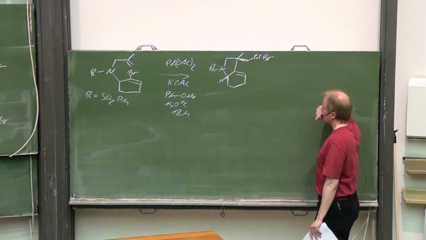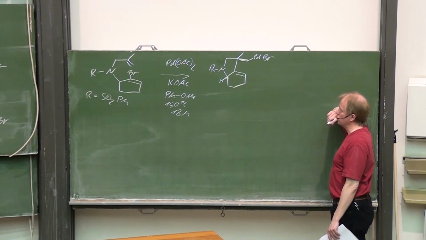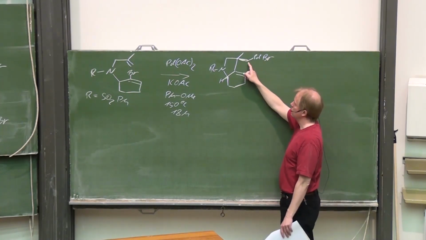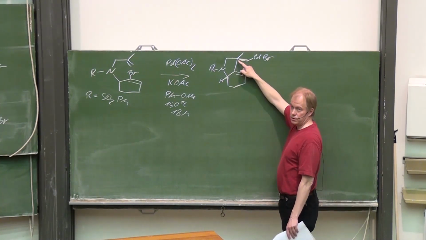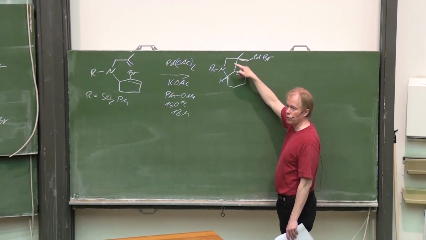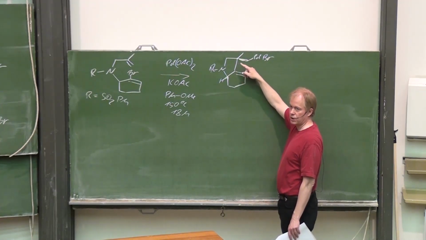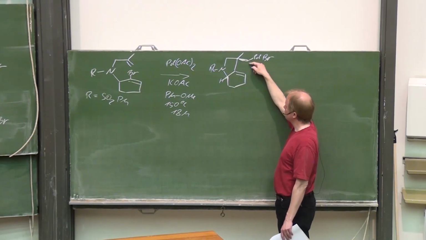So, mechanistically, what could be the next step? We don't have a hydrogen in beta position. So, we could have the retro process, since also the carbopalladation is somewhat reversible.